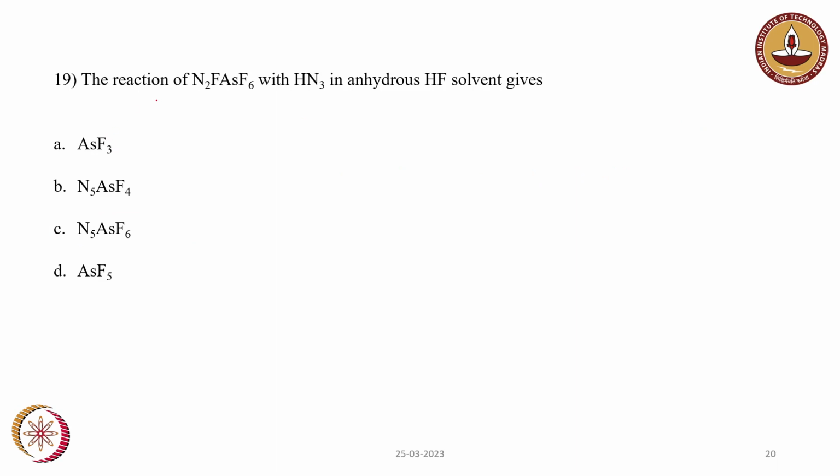The next question is the reaction of N2F AsF6 with HN3 in anhydrous HF solvent gives. Option A is AsF3, B N5AsF4, C N5AsF6, and option D AsF5. So N2FAsF6 is rewritten as N2F plus AsF6 minus.